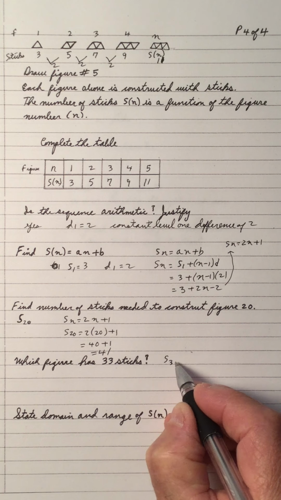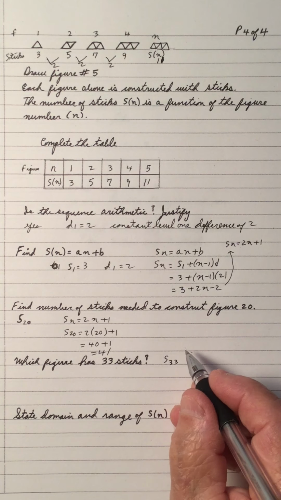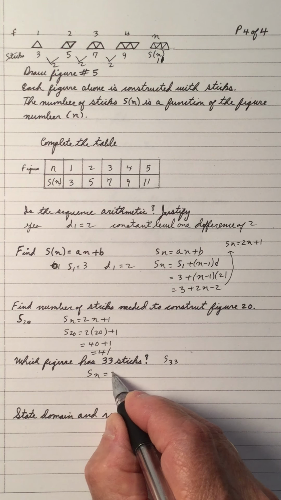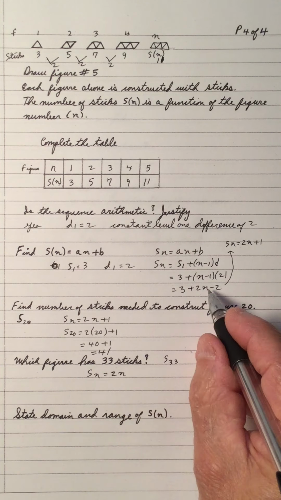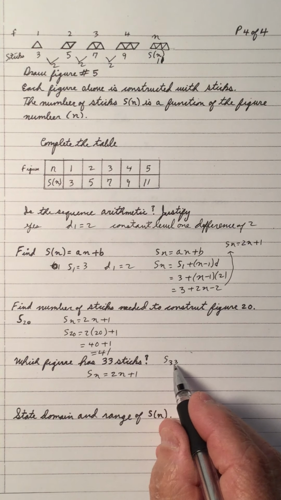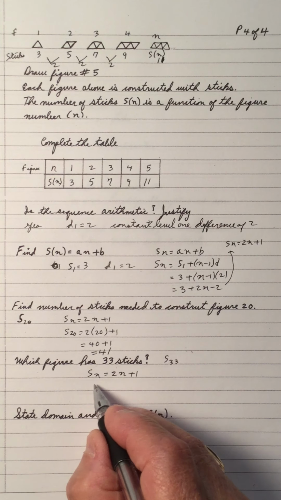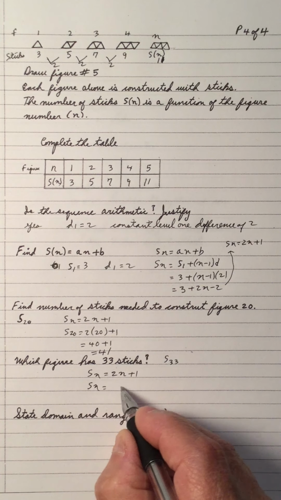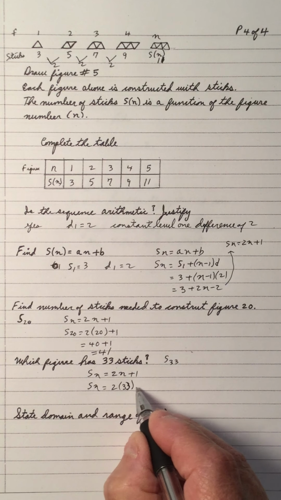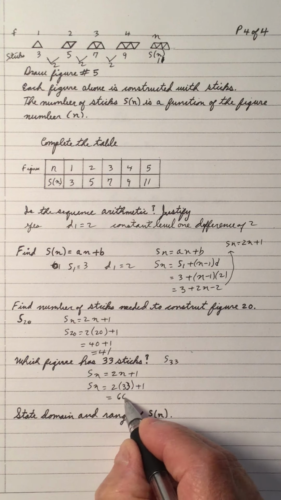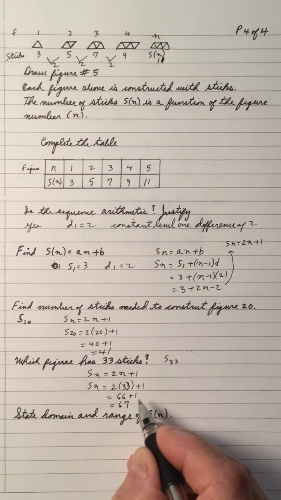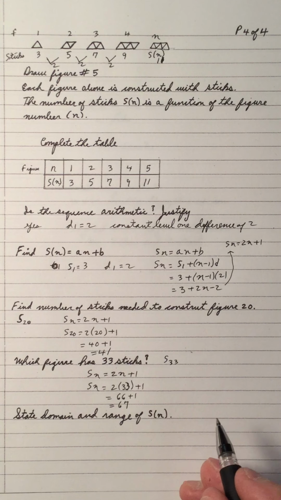That means Sn equals 2n plus 1, so 66 plus 1, and we have 67 sticks.